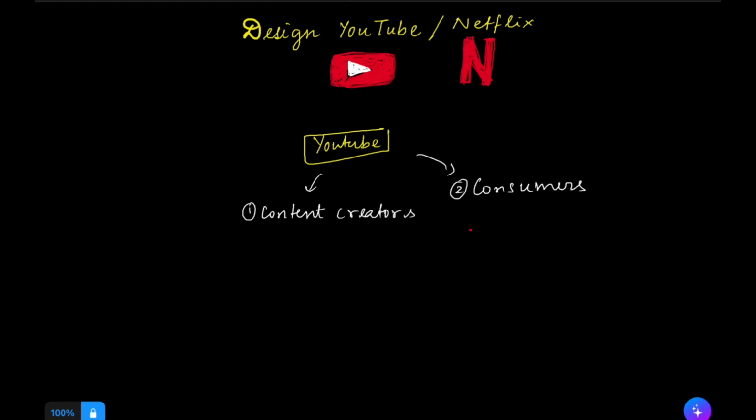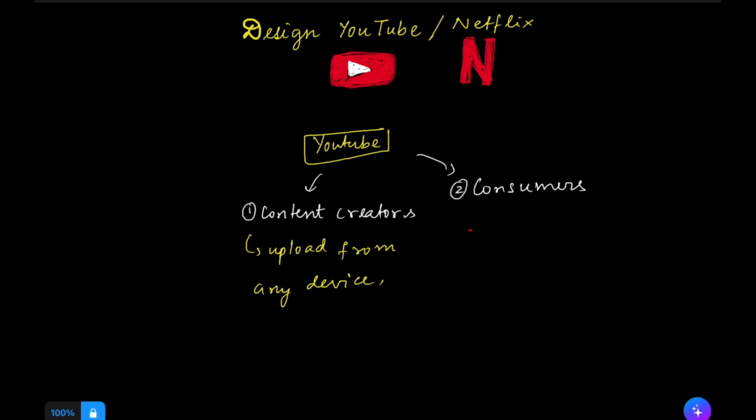In content creators, what they can do is upload from any device. They can create the video from a mobile phone, or edit it on a web application or laptop and upload from there, or upload it from the mobile phone. So upload from any device.